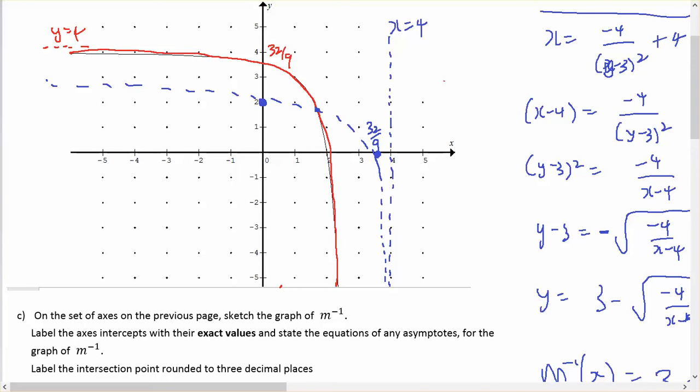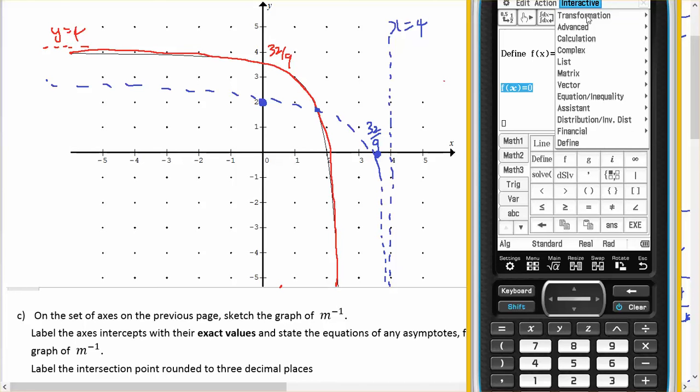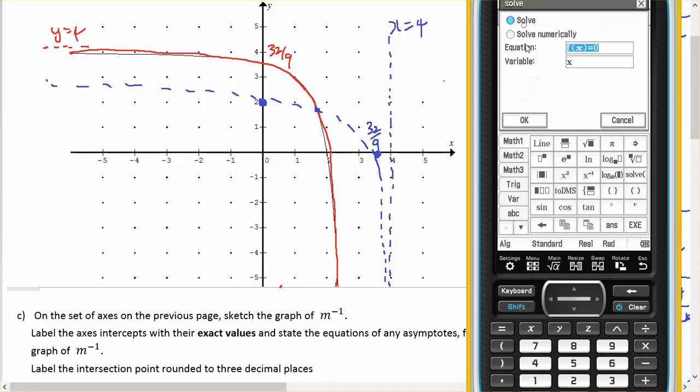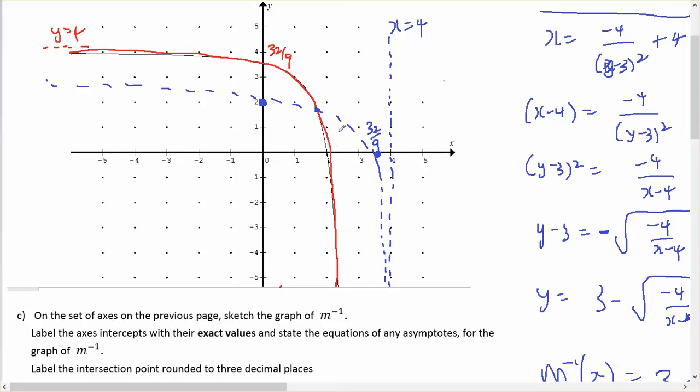So get back to my calculator, and I'd like to find the x-intercept. If I set that equal to 0 and solve this for x, this is m, that's going to give me 2 and 4, which means that there is 2.